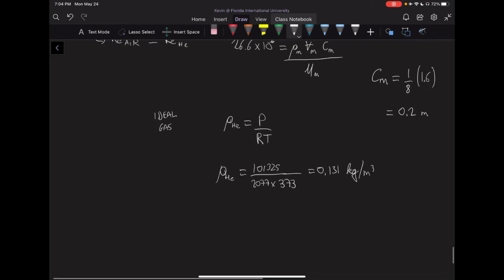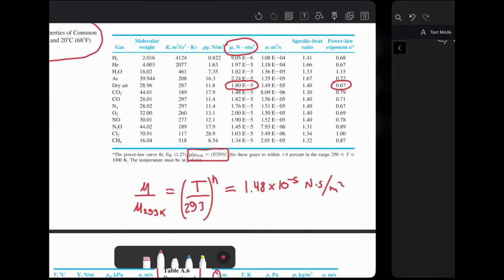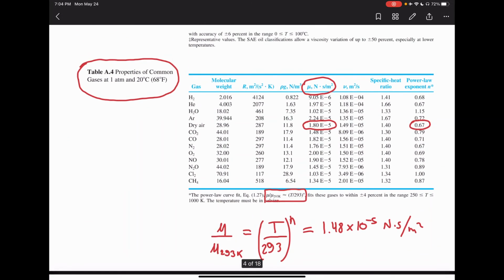And our mu can be found from our table A4. If we go to table A4, we have helium, which is 1.97 times 10 to the minus 5. We then apply the correction factor for the temperature.